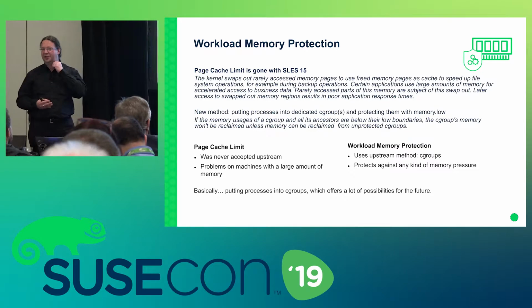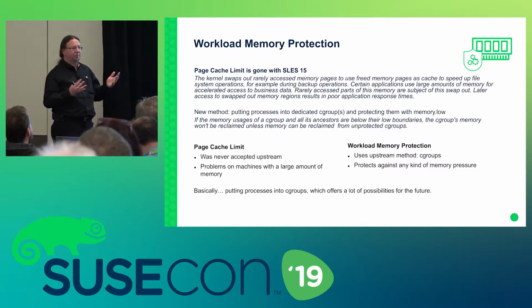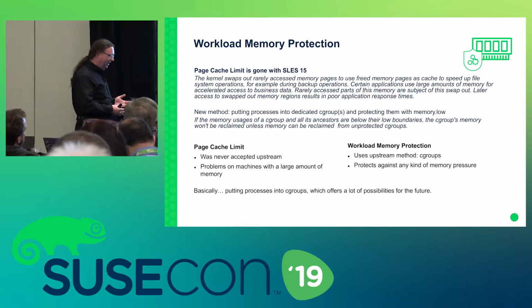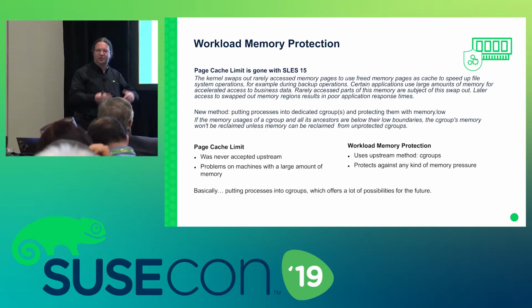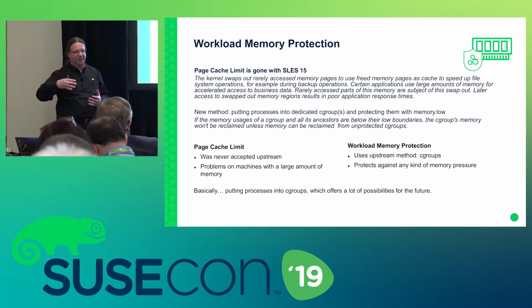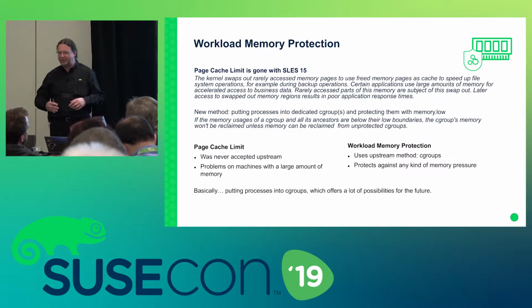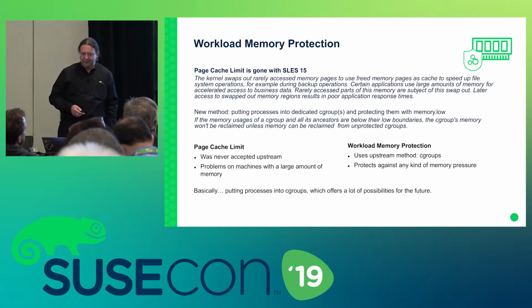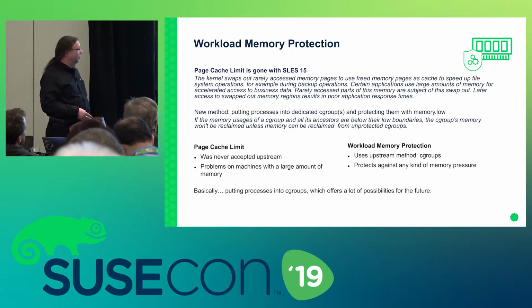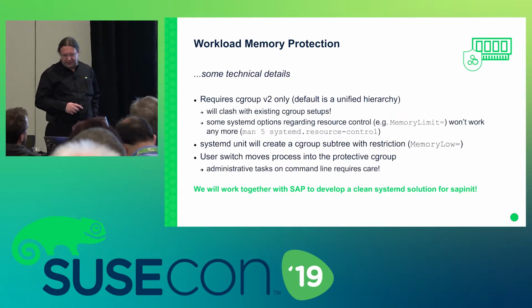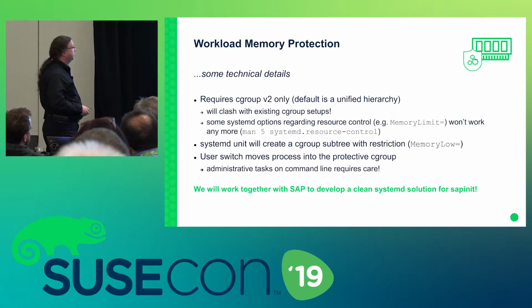The tricky part here is that it's obviously a whole bunch of processes. If you look at how an SAP system is started, there is the launcher, and all different processes are getting triggered from there with different process IDs. So it's not that easy to catch everything. But again, that's work underway that we're looking into at this point.